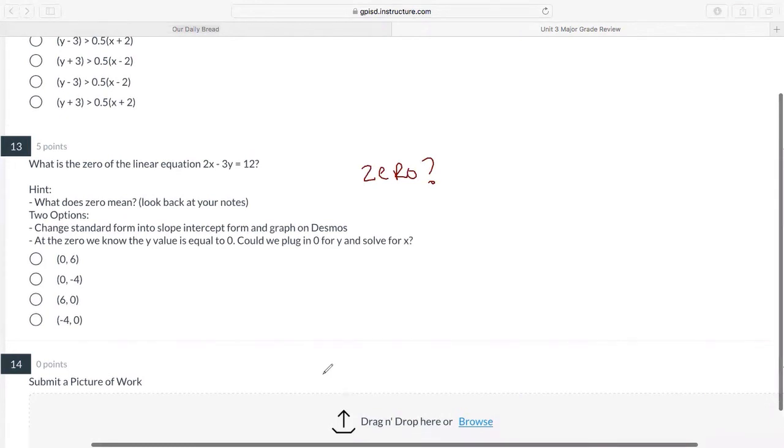Go look back at your notes. What is a zero? It should be part of your definitions when we were looking at graphs and graph features. Or quickly Google it. I'm not telling you the answer. What is a zero?